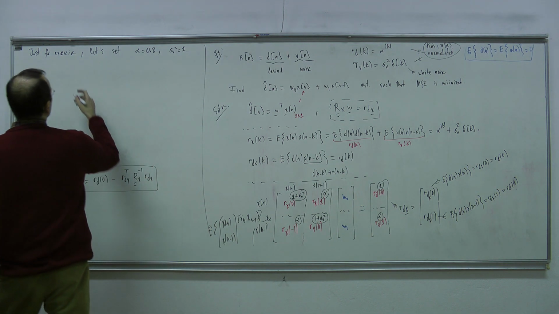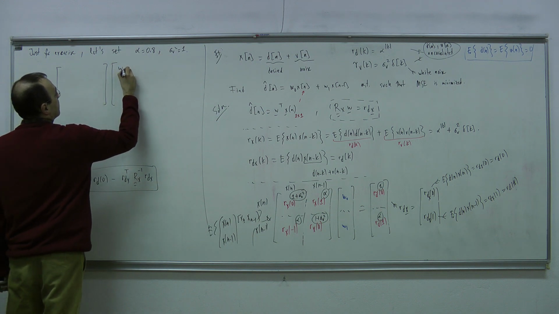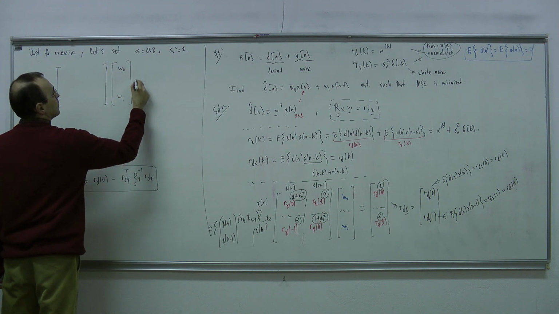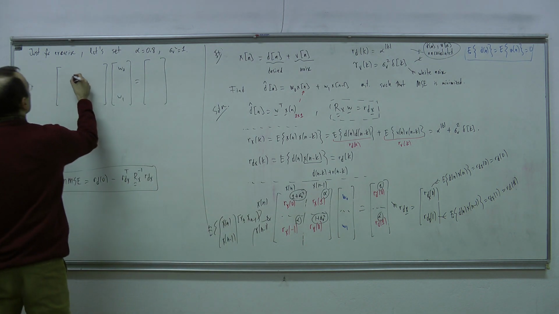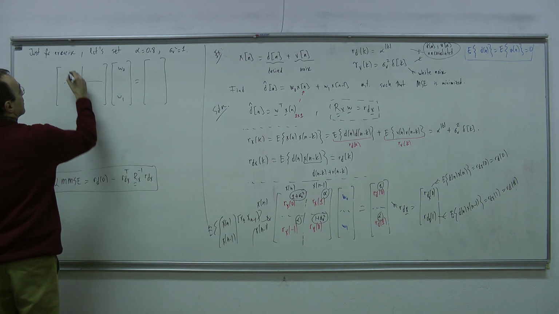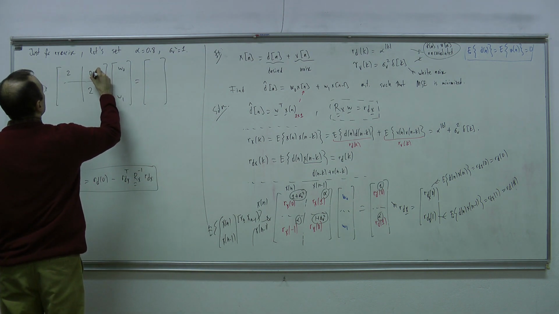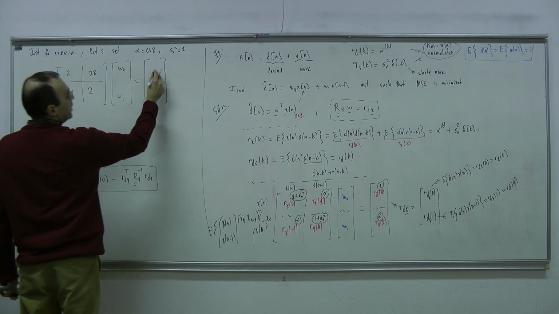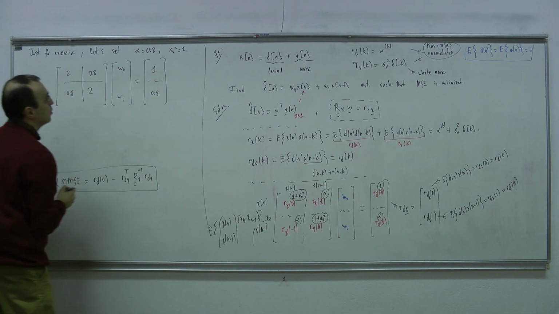So if I do that, one plus this, I have 2, alpha 0.8, I have 1 and 0.8 over here.